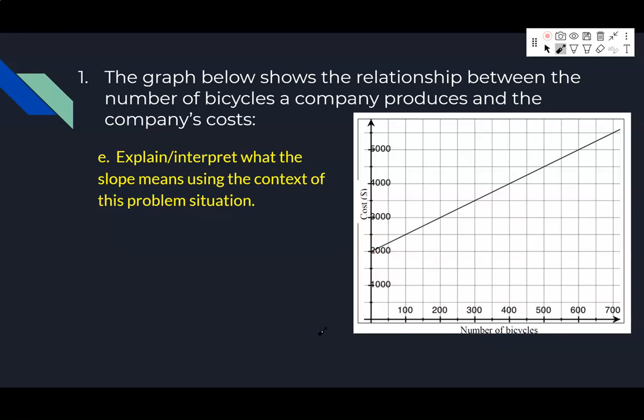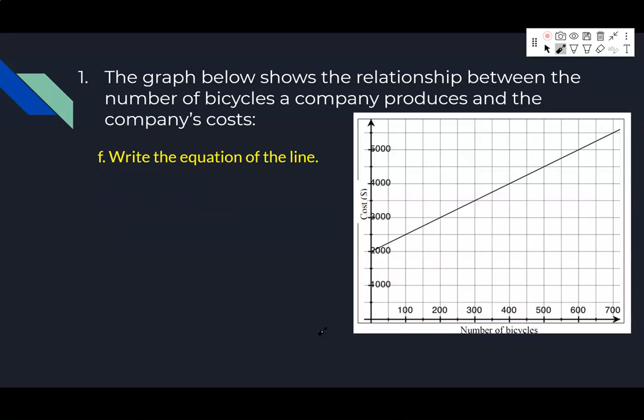Or we can say also that each time the company produces 100 bicycles, the company's cost is $500 more. So that's the interpretation of what the slope means using the context of this problem situation.